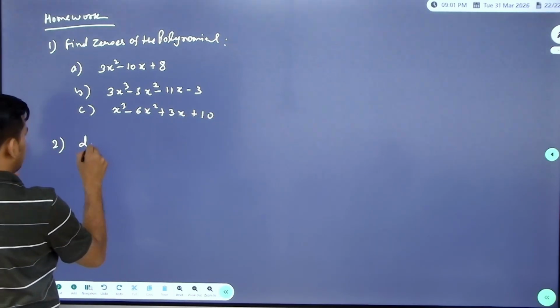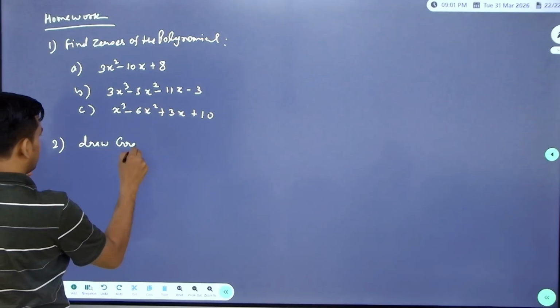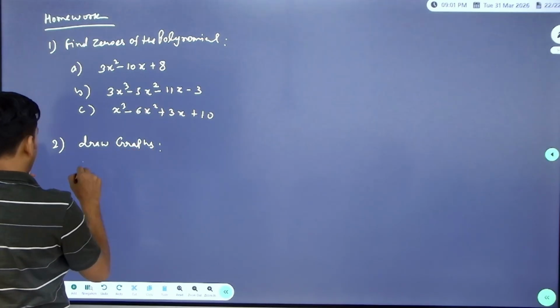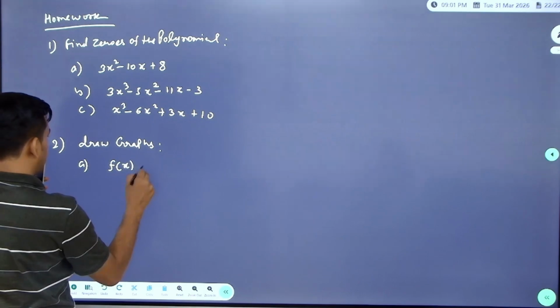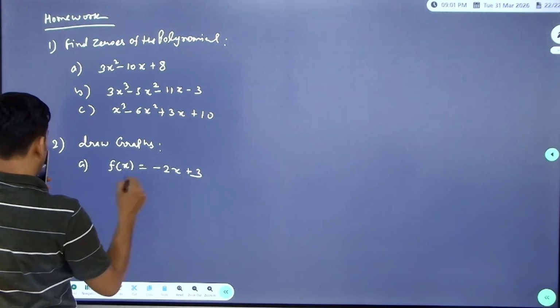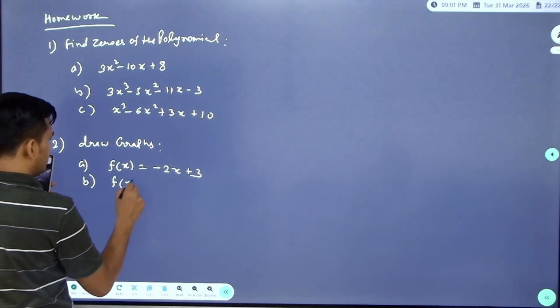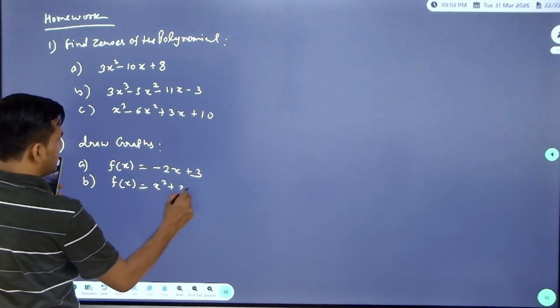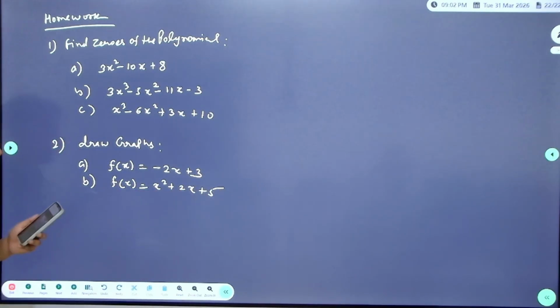Second one, draw graphs of f(x) is equal to minus 2x plus 3 and f(x) is equal to x square plus 2x plus 5. So this is your homework.